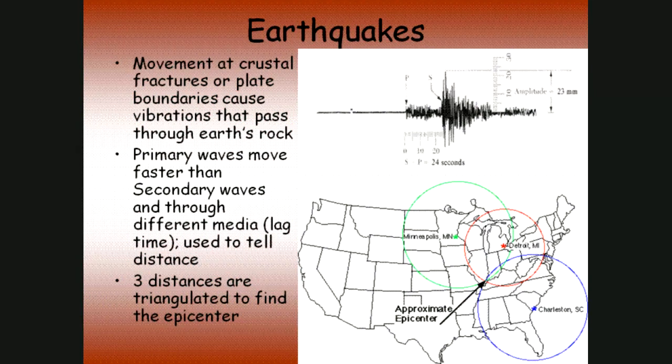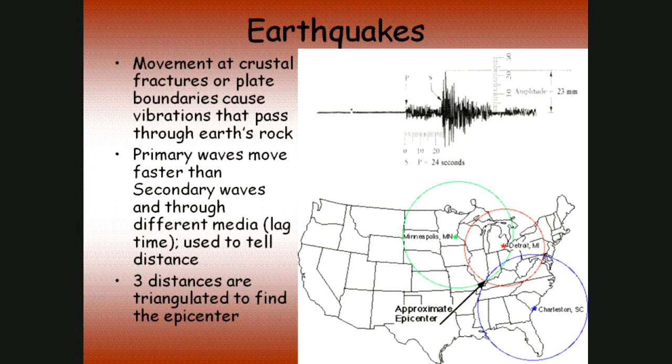It works like this. You're going to get primary waves sent out in all directions from this movement. Okay? Now, sometime after that, it could be a second or two, it could be longer than that, but there'll be a small lag in time before secondary waves arrive and can be measured on a seismograph.